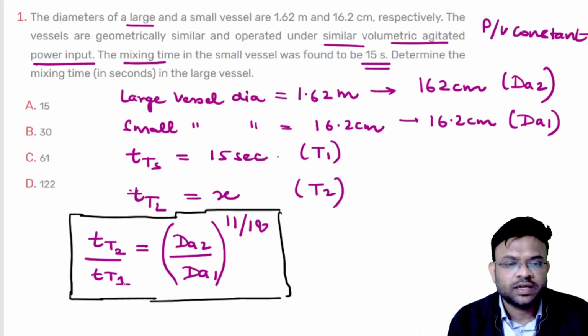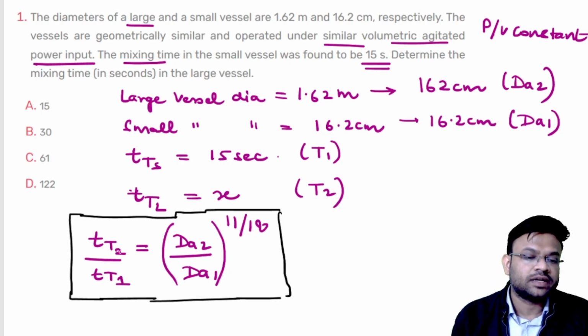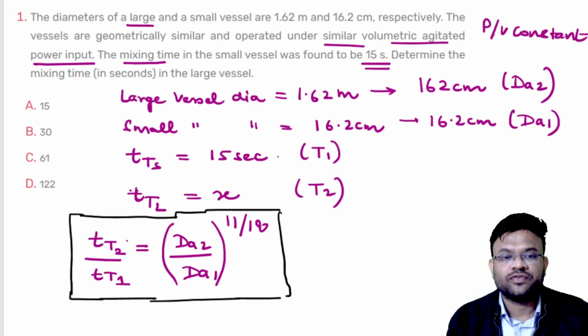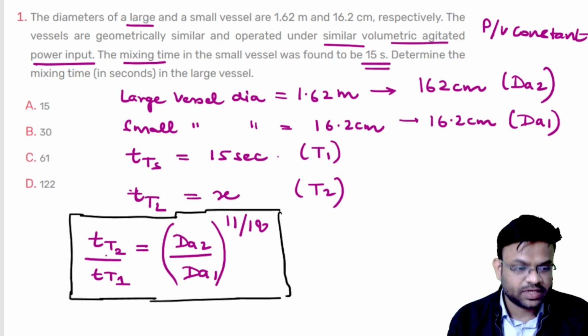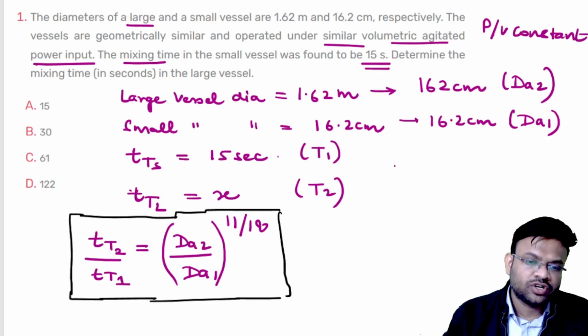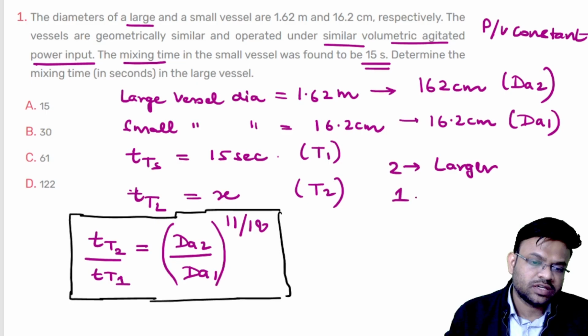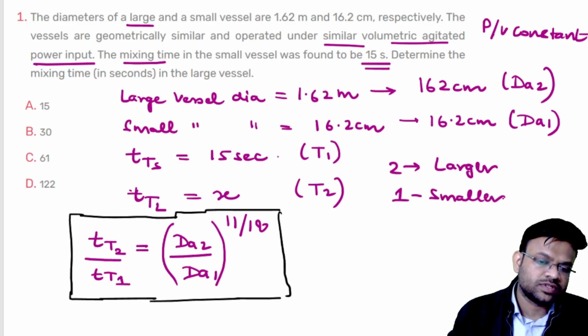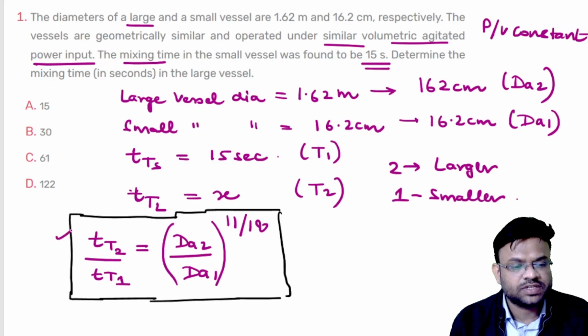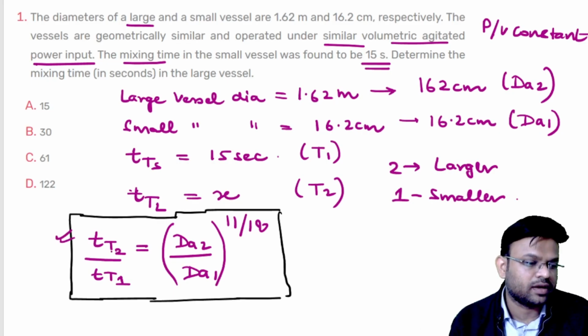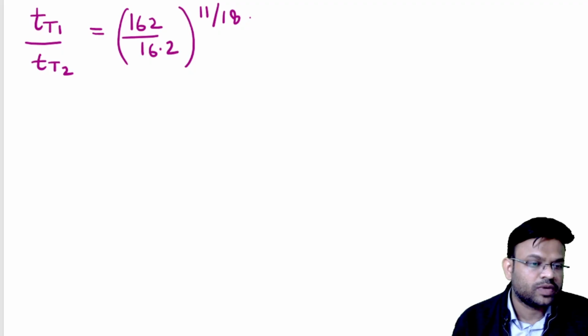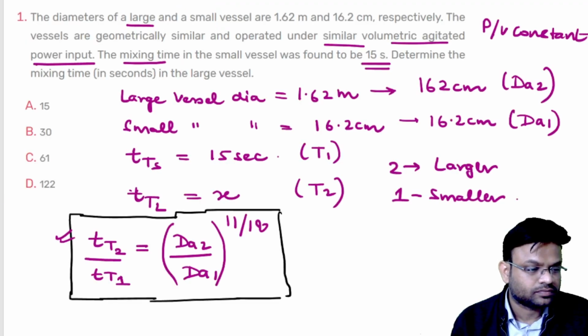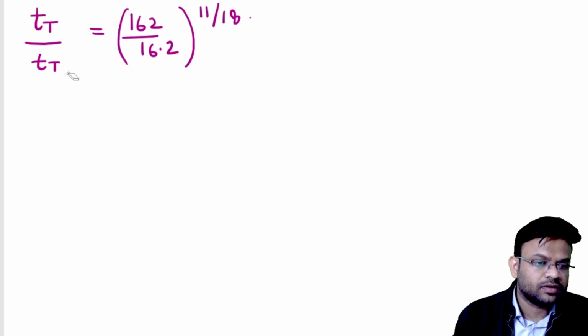In other words, the mixing time of the larger vessel upon the mixing time of the smaller vessel is equal to the diameter of the larger vessel upon the diameter of the smaller vessel. So 2 is denoting larger and 1 is denoting smaller. Do not get confused, I just by mistake wrote 1 over here in the numerator.